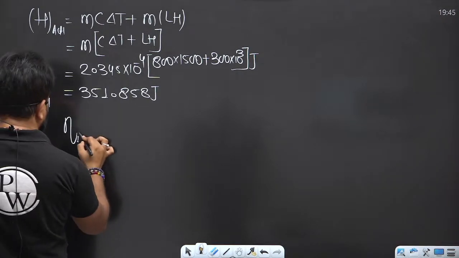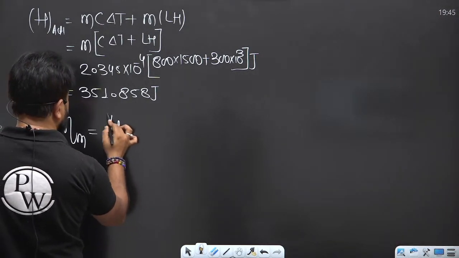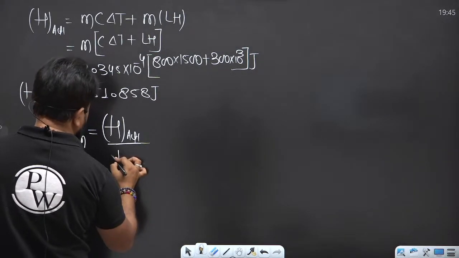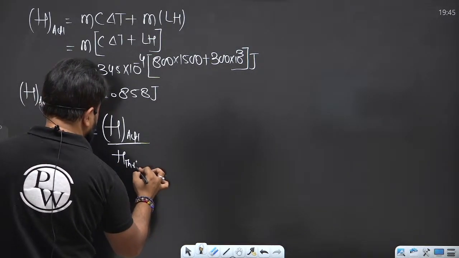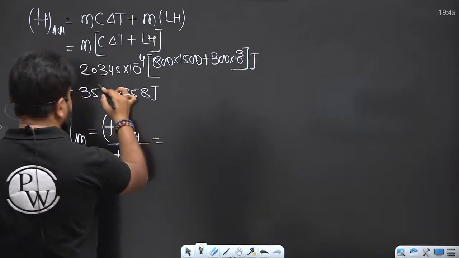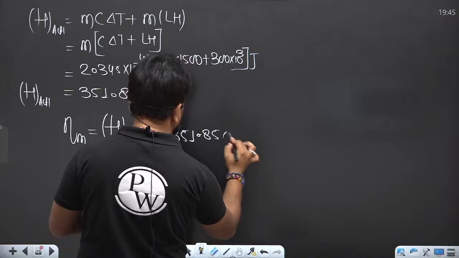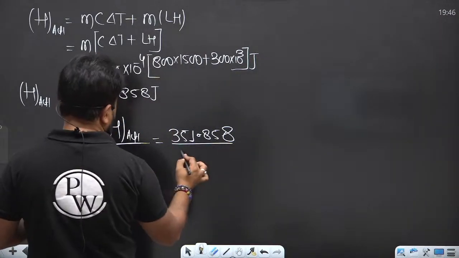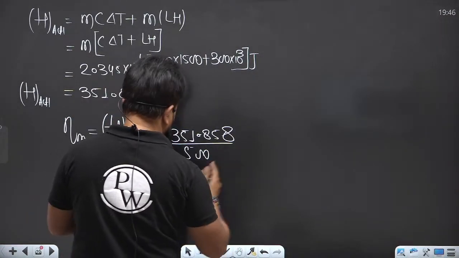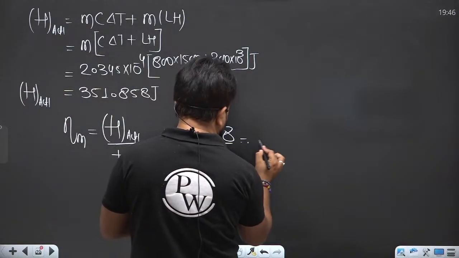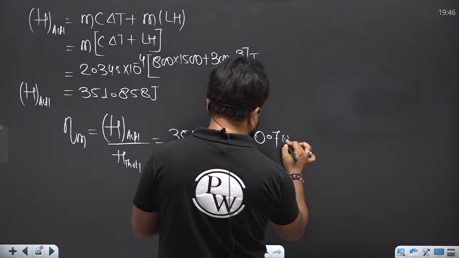Now the melting efficiency is the actual heat divided by your theoretical heat. So my dear, actual heat is 1.858, divided by theoretical heat 500. The answer divided by 500 comes out 0.77.